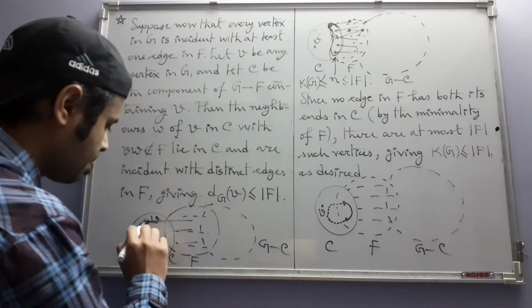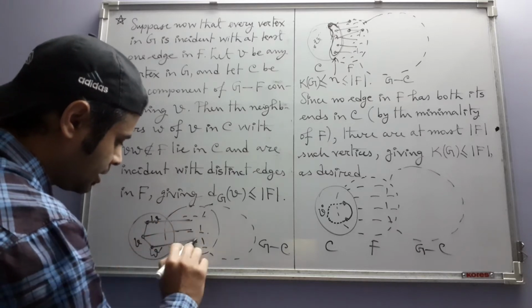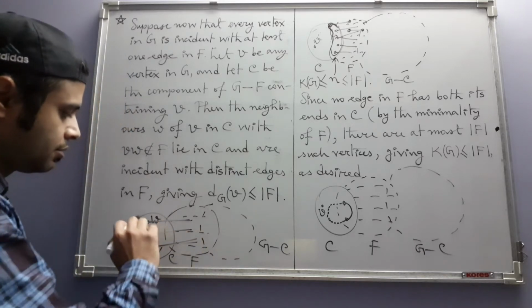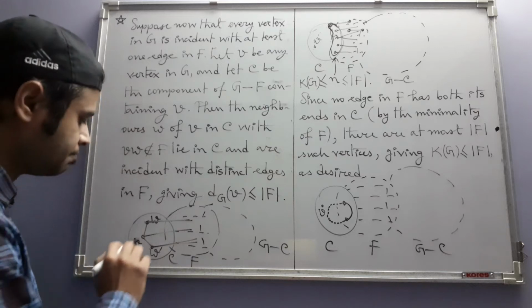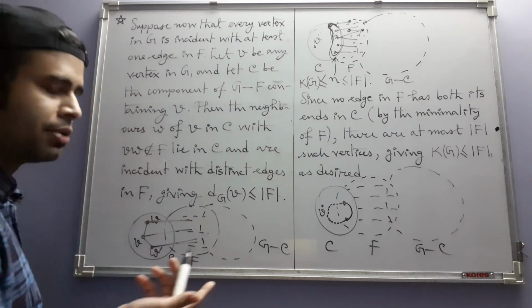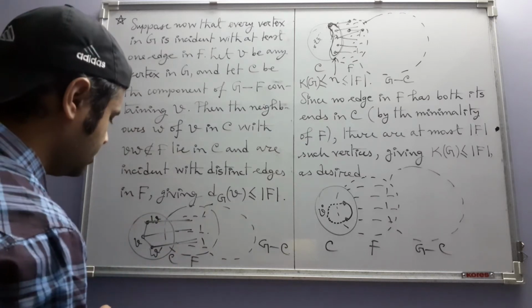So that's why these edges which are incident with different such vertices from C are distinct.